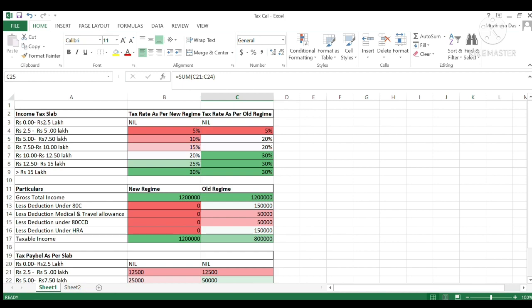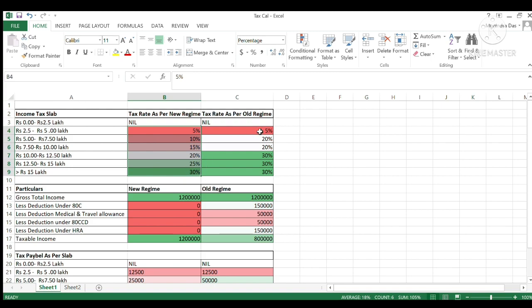So here comes our Excel sheet. As I said earlier, currently we have two options to calculate our tax. One is under the new tax regime and one is under the old tax regime. So we will see which tax regime is beneficial for you. Now let us look at what are the tax slabs available for the new tax regime as well as the old tax regime. Here you can see for the new tax regime there are almost 6 tax slabs available: 5%, 10%, 15%, 20%, 25% and 30%.